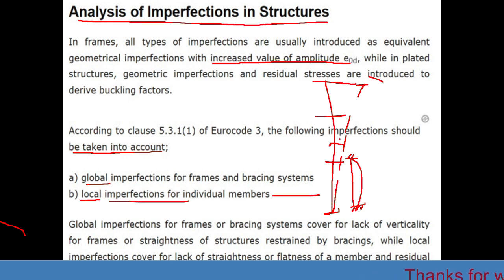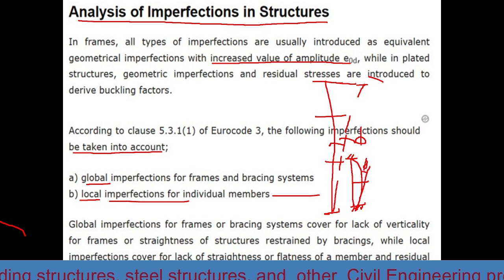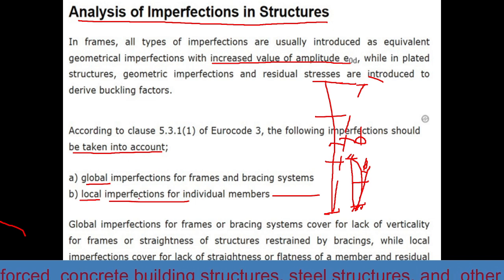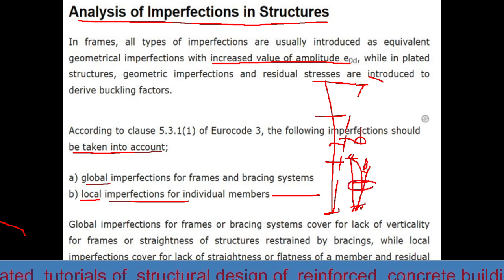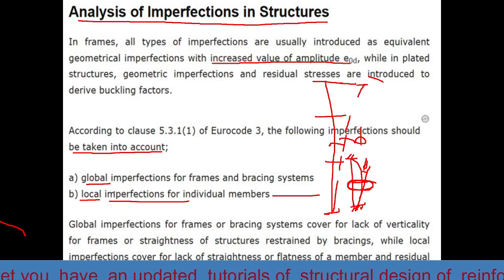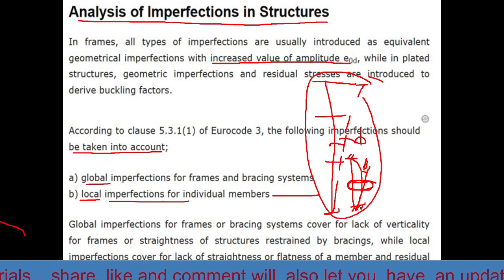So there is leaning of phi for this, and for this there is this phi. Local imperfection affects the single column, but global imperfection affects the whole structure.